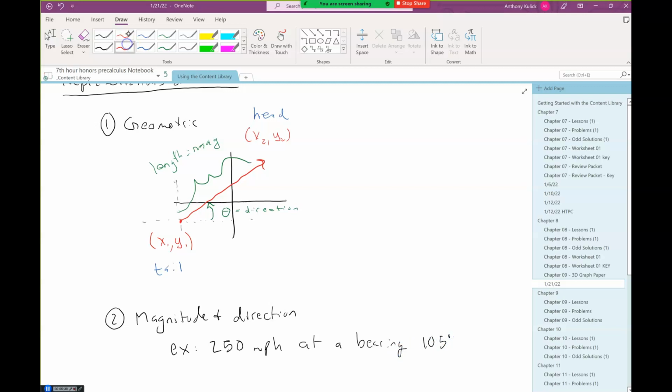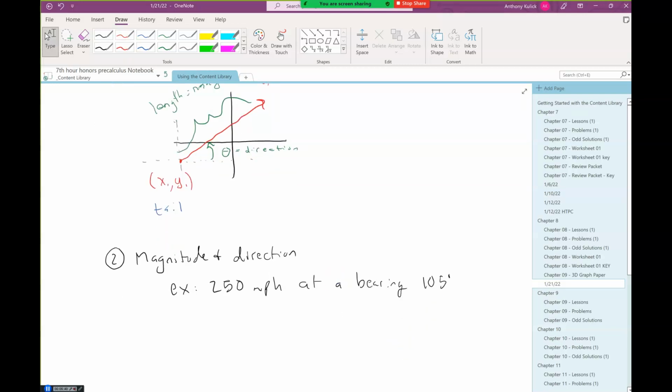That information could represent a vector, where the speed is equivalent to the magnitude and the bearing is equivalent to the direction. You could also just say a vector with magnitude 8 and a direction of 56 degrees, like you could just state it.